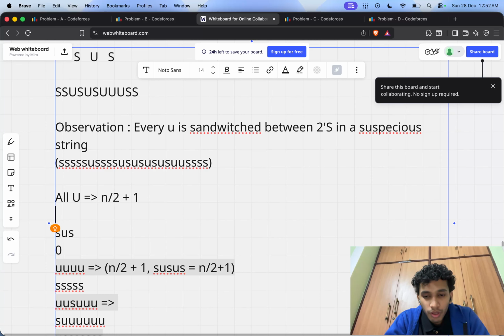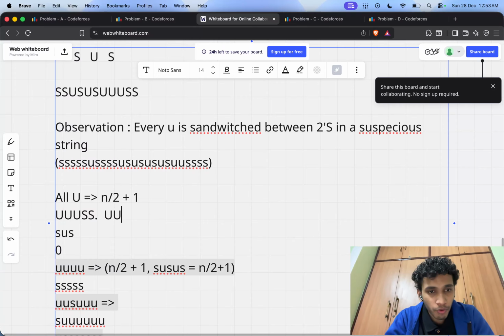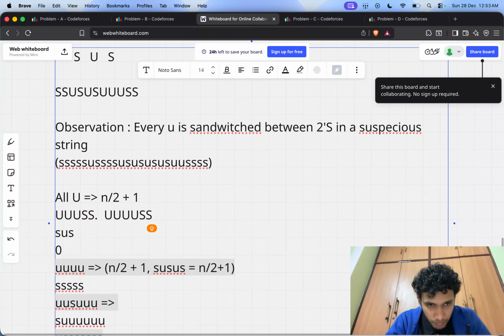So if there is a U and one of the corners of it is surrounded by S, what should be the formula? Let's analyze for both odd and even. For odd case, again n plus 1 by 2. Yes. Why? Because we need to replace the last one for sure, and this one again.